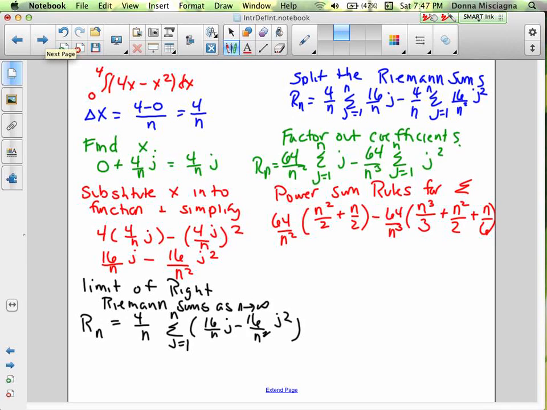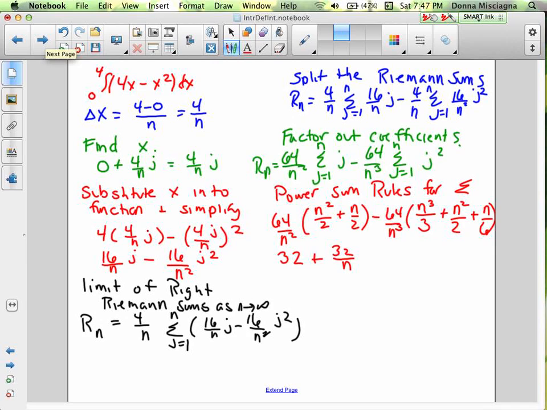Right, so now we'll simplify. We distribute the 64 over n squared. The n squareds will cancel. 64 over 2 becomes 32. And then we distribute the 64 over n squared to the n over 2. That'll be 32 over n.